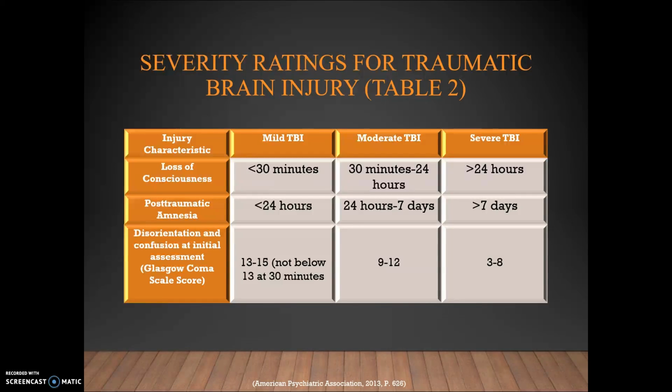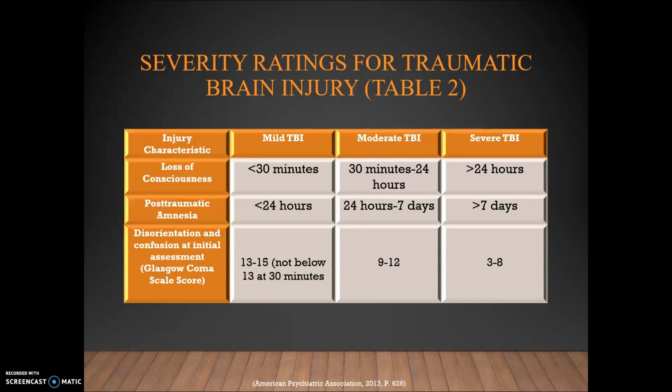For severe TBI, the loss of consciousness is greater than 24 hours. So a lot of times this is for people who have been in car accidents is when I've seen this, or suffered major falls, or have gotten hit by a car or something. I've seen people who have experienced this severe traumatic brain injury and have been in a coma for longer than 24 hours or unconscious for longer than 24 hours.